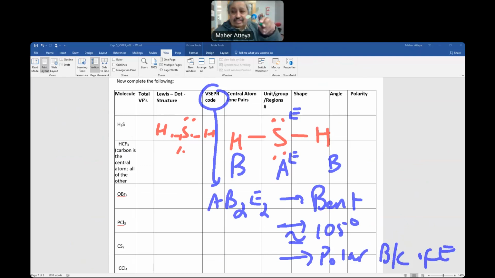This is H2S. You have the hydrogen, single bond, single bond. That's the hydrogen here, correct? Here we have single bonds, guys. That's the hydrogen here.